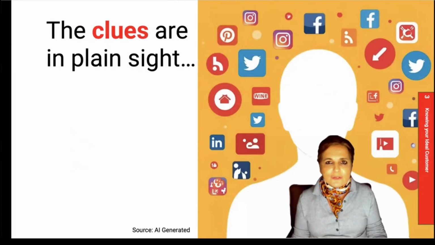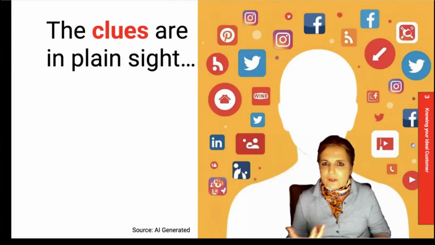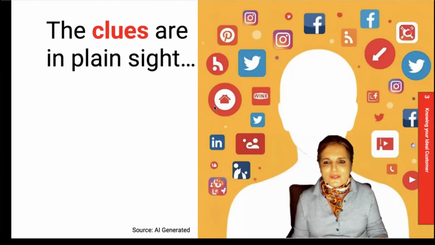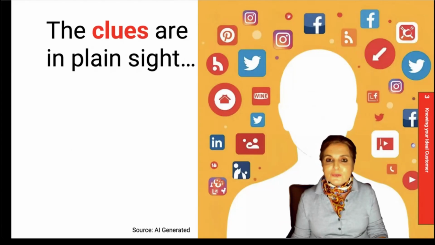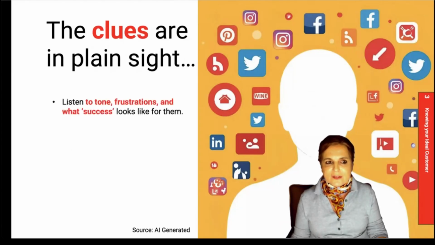And also the reviews they leave for others on Google, on opinions they express on platforms like Reddit, etc. All these things are clues in plain sight digitally, right? That lead you to know who your ideal clients are.